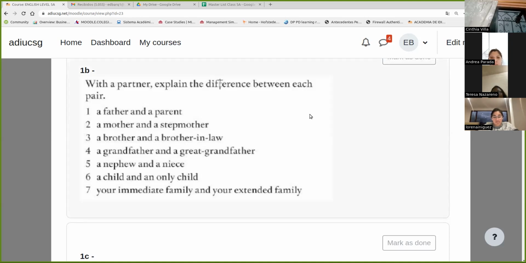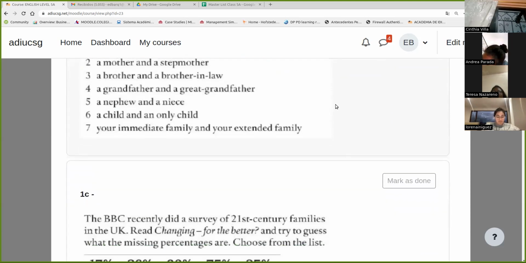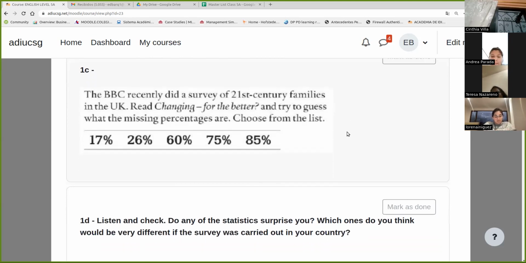All right, so this is a nice warm-up. We are using vocabulary that probably we know with others that we don't necessarily know. Now, for our third activity, we are going to identify some statistics. Statistics means estadísticas.